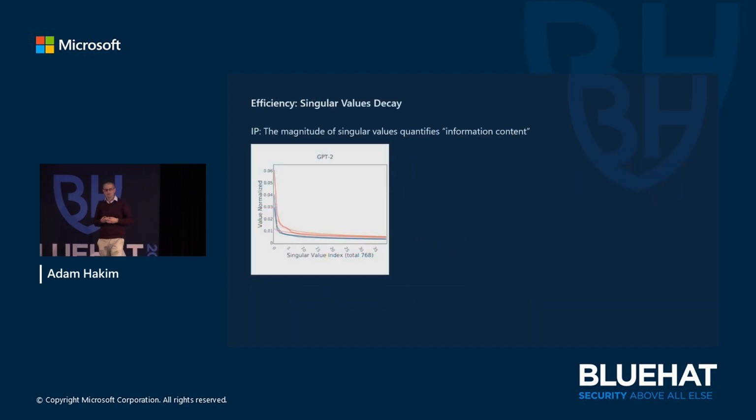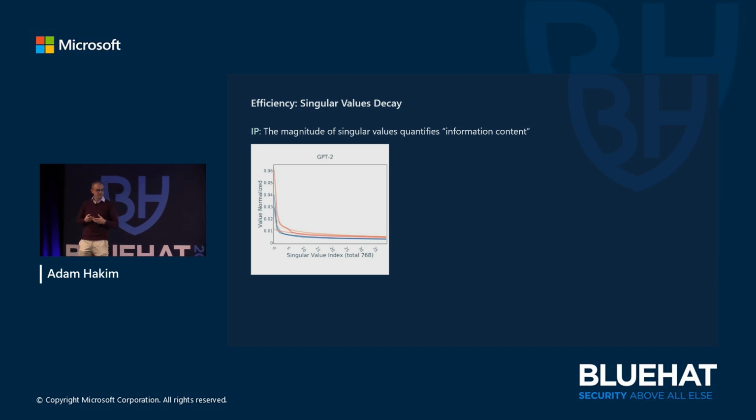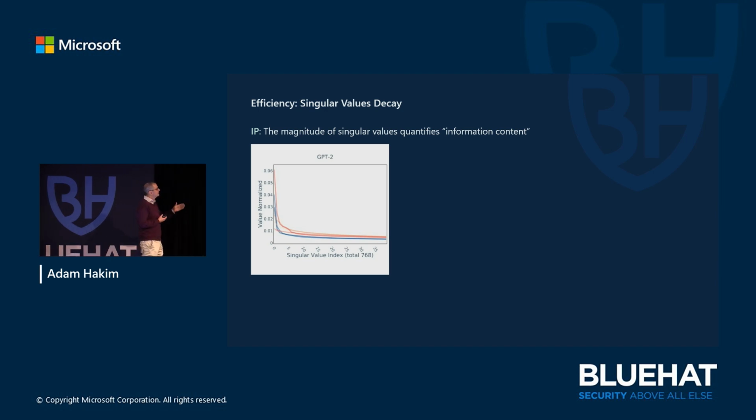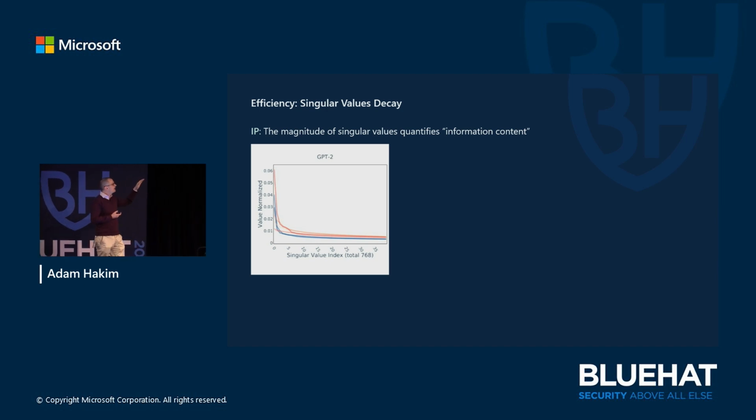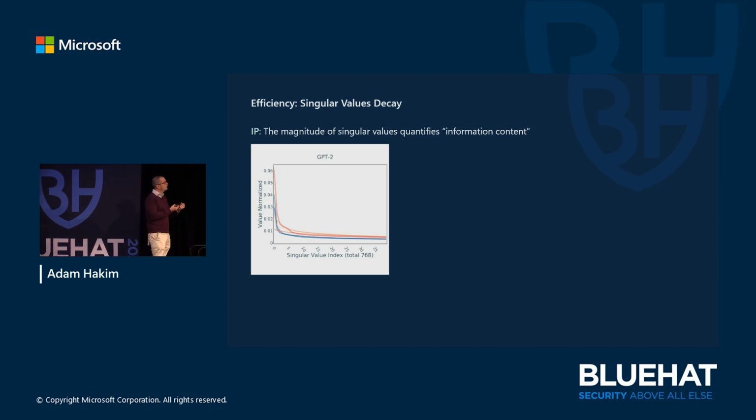So first of all, what we see here for different layer types is the magnitude of singular values for GPT-2's different layers. In the x-axis, you see the index of the different singular values. There are almost 800 of them. And on the y-axis, you see the value of the singular values, the magnitude. And the magnitude sort of quantifies the information content for each corresponding singular vector.